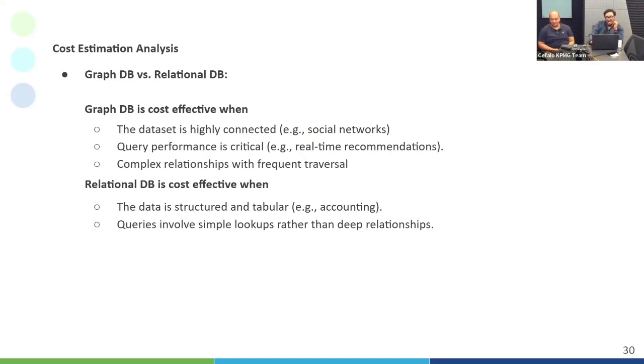Otherwise, you are screwed. The relational DB is definitely effective when the data is organized and structured. There, using a graph will be a hilarious decision in my view, where simple lookups are needed rather than deep relationships. I don't see any point of using graphs there. The relational DB is very much fine.